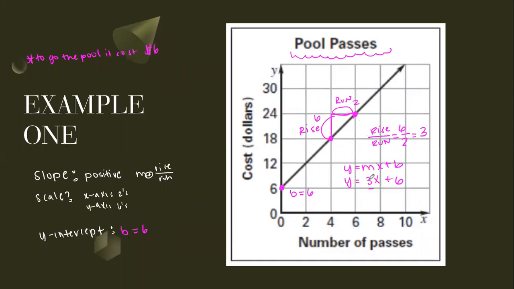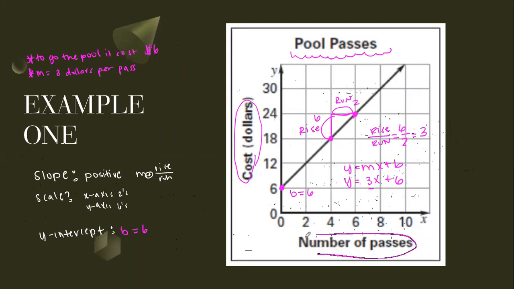Then let me figure out what this 3 means. The slope is telling me it's $3 per pass, because it's the y per what the x stands for. So it costs $3 per pass.